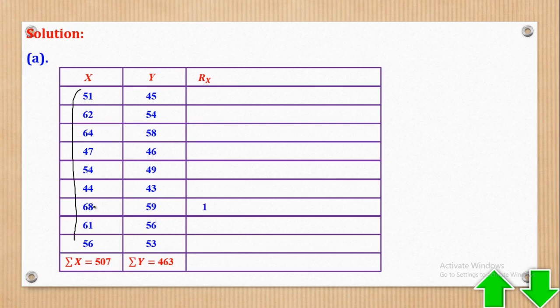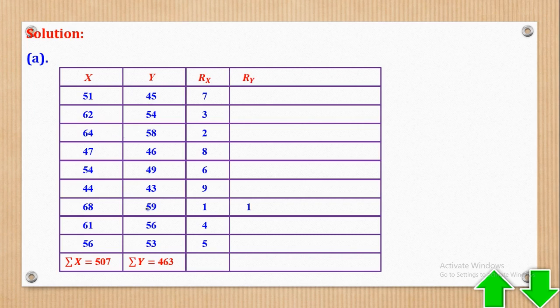So the biggest will be this, to take rank 1, secondly it will be 64, which takes rank 2, followed by 62, which takes rank 3, followed by 61, which takes rank 4, followed by 56, which takes rank 5, followed by 54, which takes rank 6, followed by 51, which takes rank 7, followed by 47, which takes rank 8, followed by 44, which takes rank 9. So those are the ranks of x. Now next will be the ranks of y.